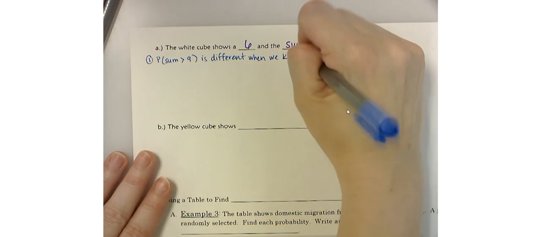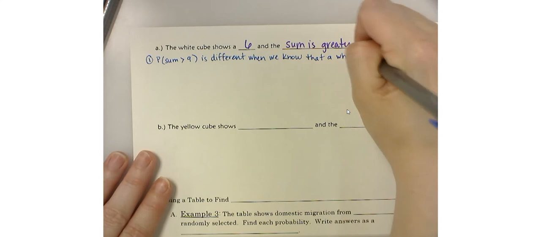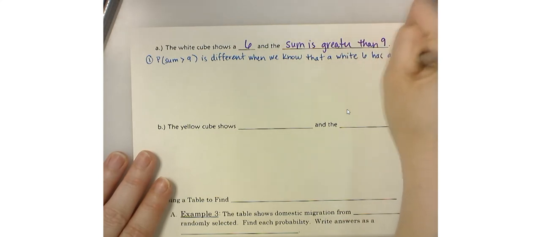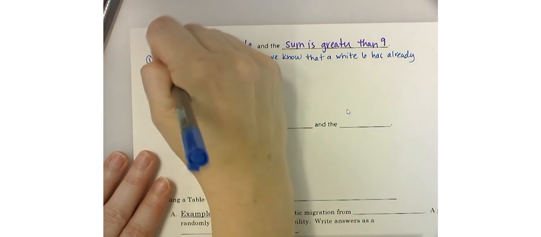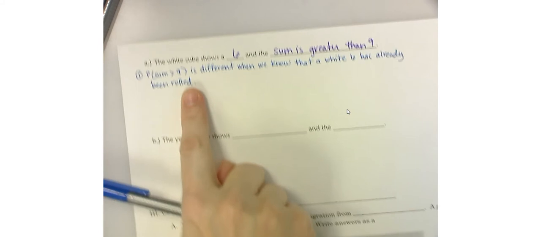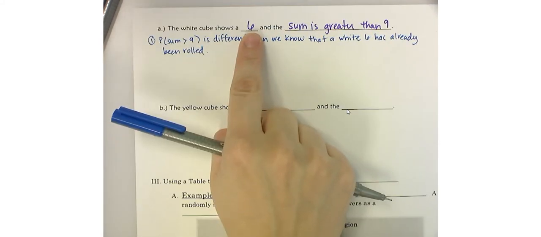For example, let's say on the white cube you rolled a 1. What would the probability be that the sum is greater than 9? 0. There's no way you could get a sum that was greater than 9. But if you have rolled a 6, are there going to be some values that you could roll where the sum would be greater than 9? Yes. So we're going to talk about those situations.